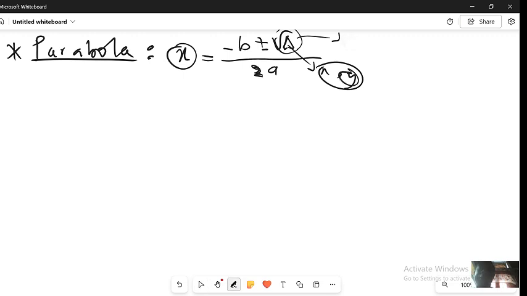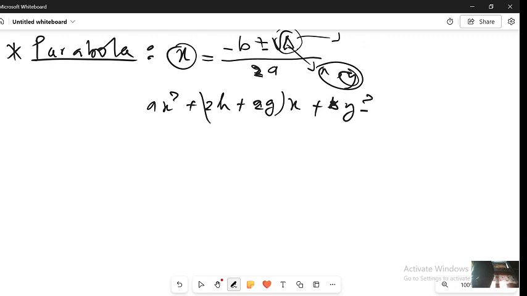So we have to make this general equation, because it was like x square plus 2h plus 2g, it was x here, plus by square plus 2fy plus c equal 0.